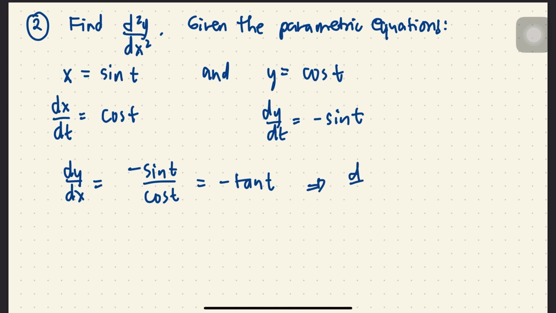When you get the derivative with respect to t of negative tangent t, you'll get negative secant squared t.